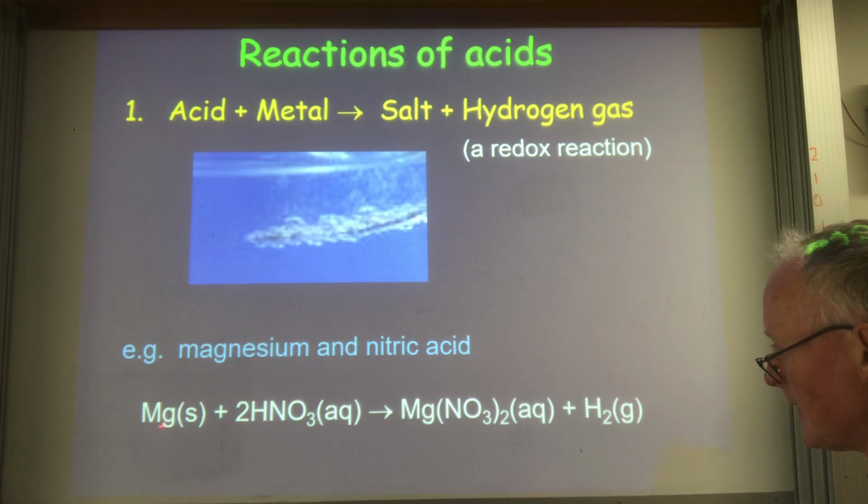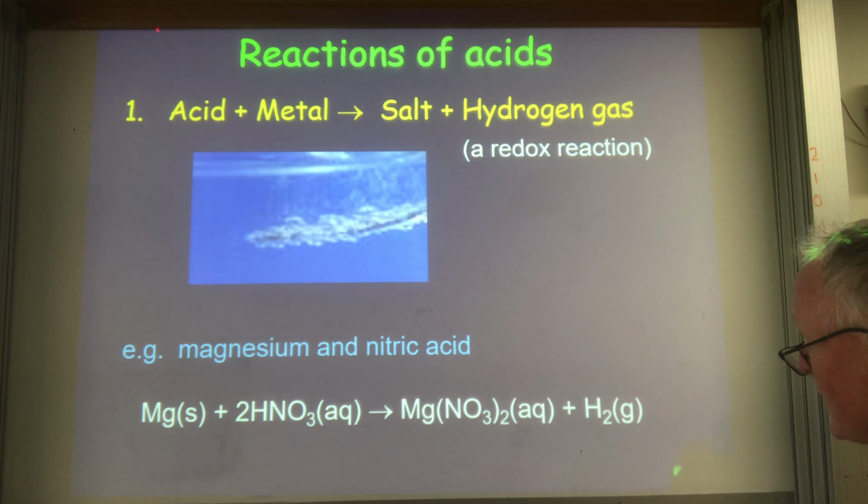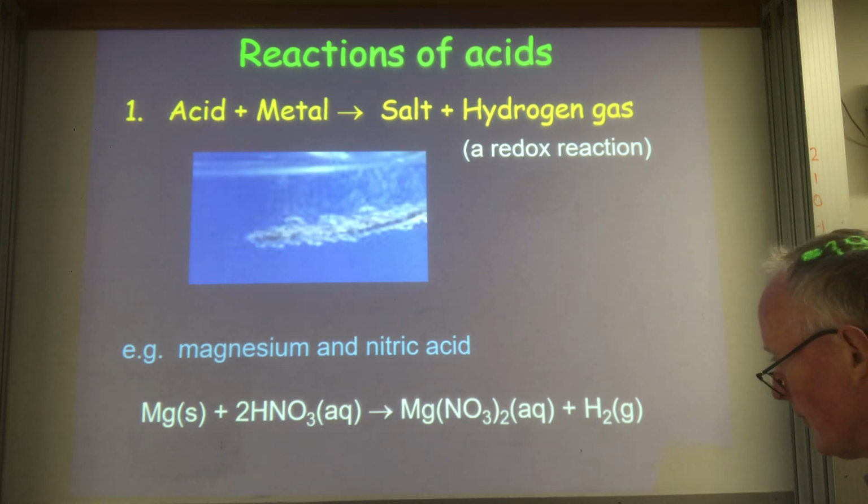So magnesium metal and nitric acid. So acid plus metal gives salt plus hydrogen gas. Well, we know that the hydrogens in the acid are going to go off and form the hydrogen gas. So it's going to be the metal and the anion from the acid which go together to form the salt.